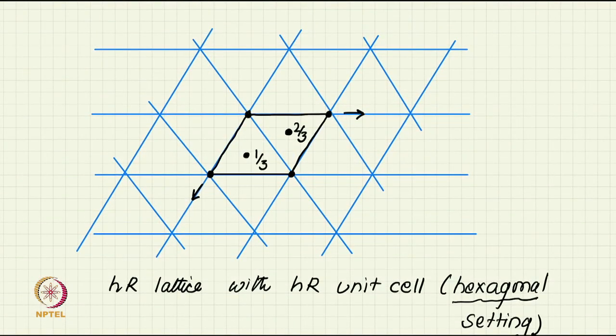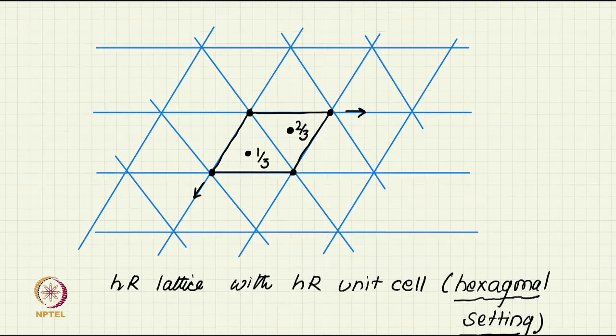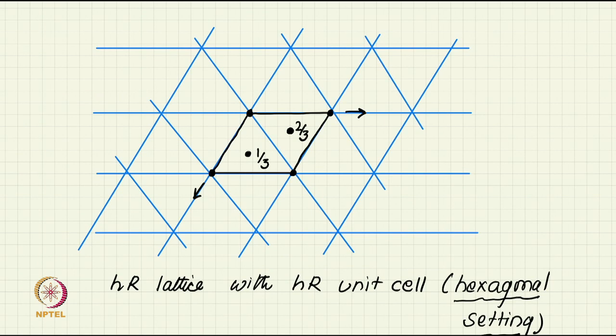And here also, in this hexagonal setting, you have what is called the obverse and reverse settings. So, what is shown here is the obverse setting. Let me mark this 1/3 point in another unit cell. So, that will be 1/3, this will be 2/3. Let us write down the full coordinates of these 1/3 and 2/3 points.